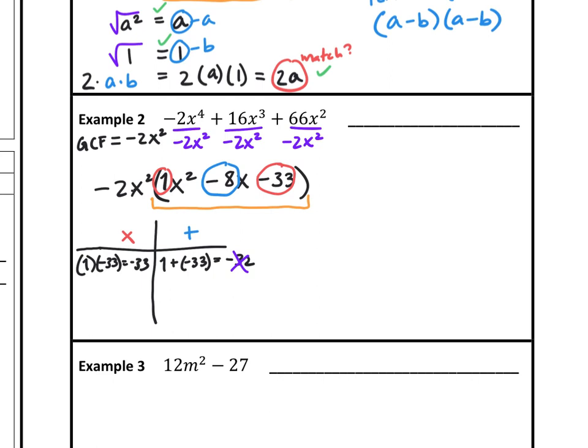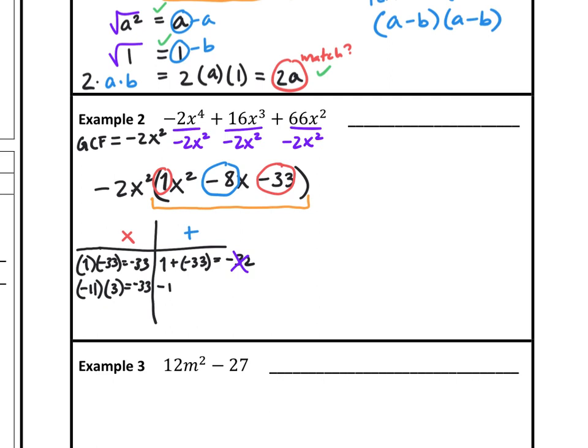So we try different numbers, but what's the next number? 33 and 1 doesn't work. What about 3 times 11? 3 times 11, and if it's negative 11 and positive 3, that gives me negative 33.